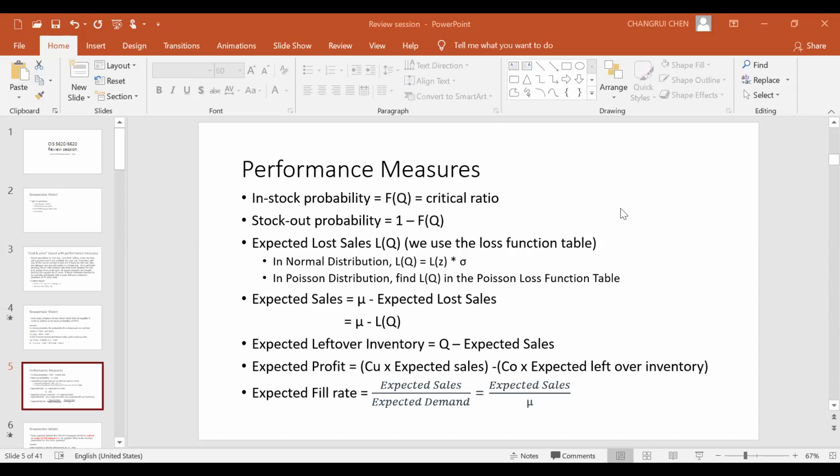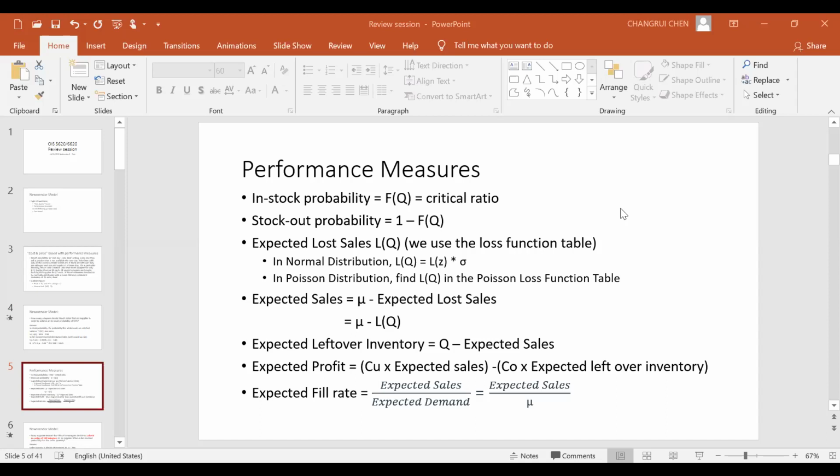Many people in quiz 1 went to the wrong table and found the wrong probability. You should go to the loss function table when you see L or L of Q, L of Z. In a normal distribution, L of Q is equal to L of Z times sigma.